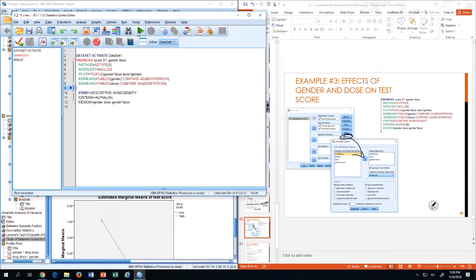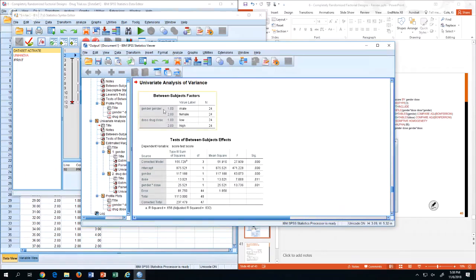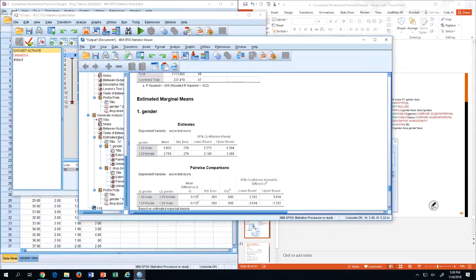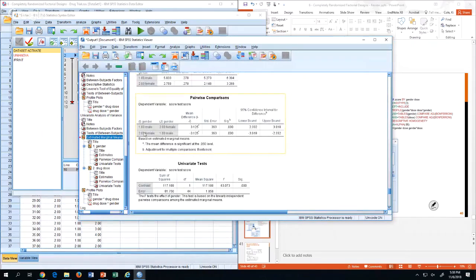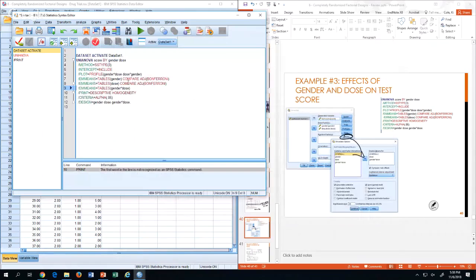I'm going to see what happens if I don't do all of that. Okay, so that doesn't work. Sorry about that. We want to compare the adjust Bonferroni. We want all of that next to the interaction.